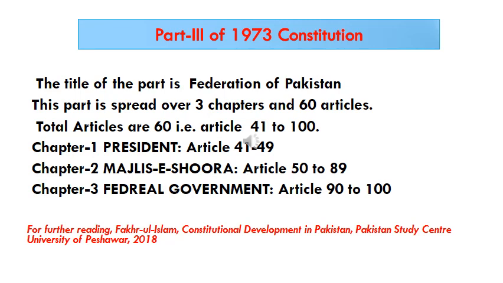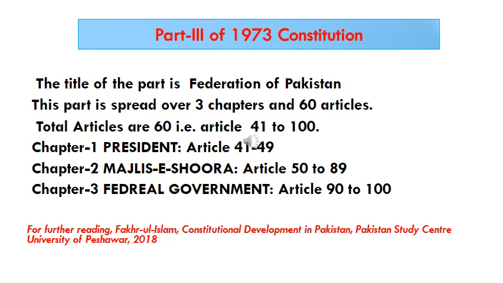So I would say that one of the beautiful things in the 1973 Constitution, which ensures equality of the federating units, is this one, which has been given in Schedule 2 for the election of the President of Pakistan.